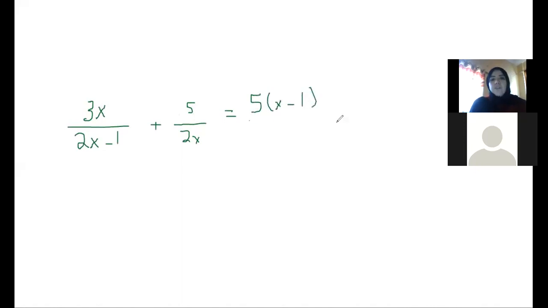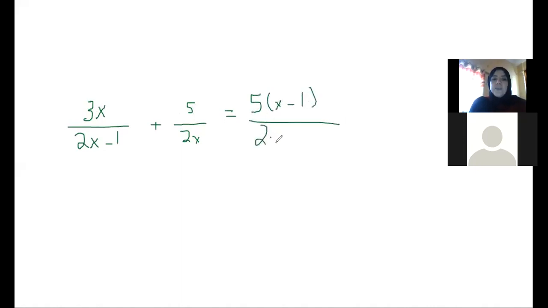Yeah. Let me just write it again quickly. So we had, I'm not going to write the condition directly. So it's 3x over 2x minus 1 plus 5 over 2x, equal to 5 into x minus 1 over 2x into 2x minus 1.